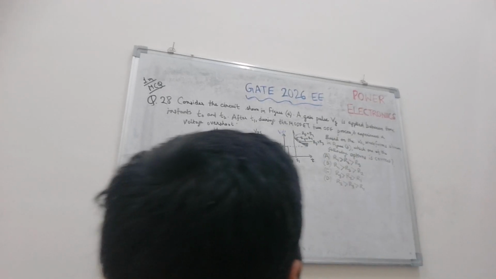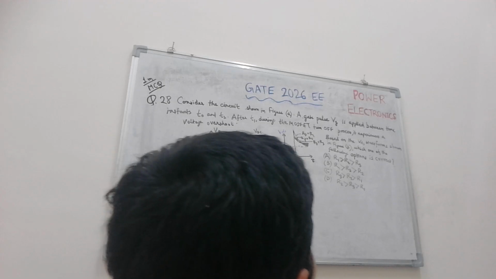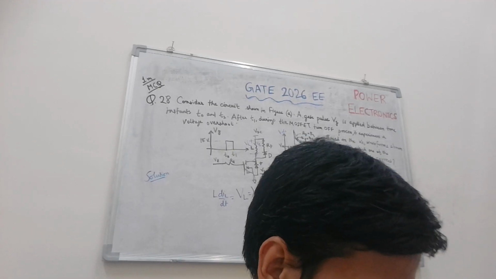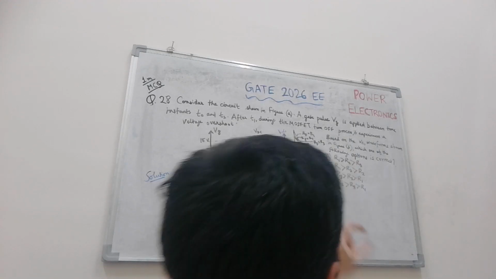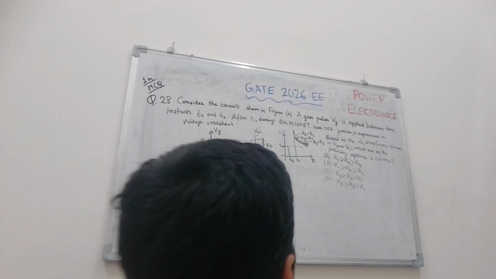Now after T1, when the gate voltage is withdrawn, the gate pulse is removed, the MOSFET behaves as an open switch and the inductor starts discharging.